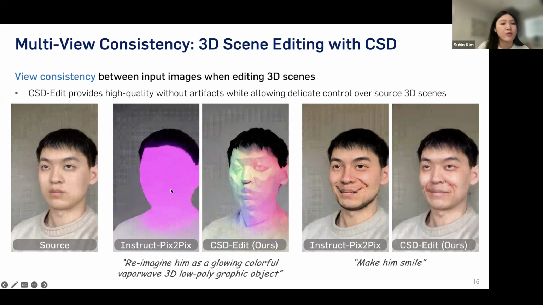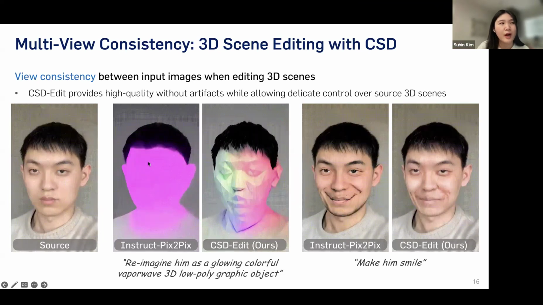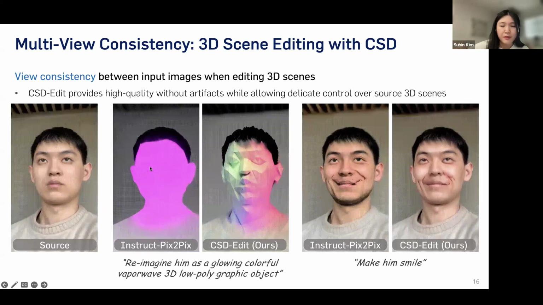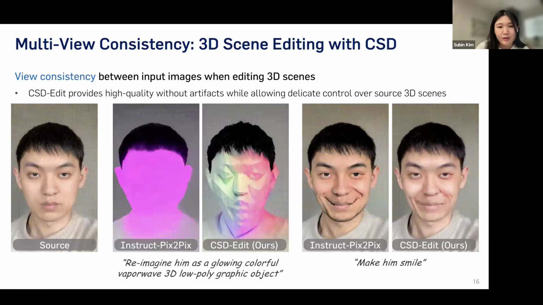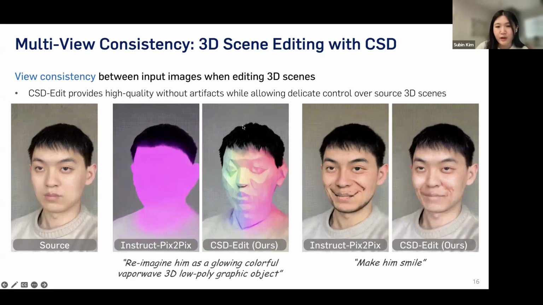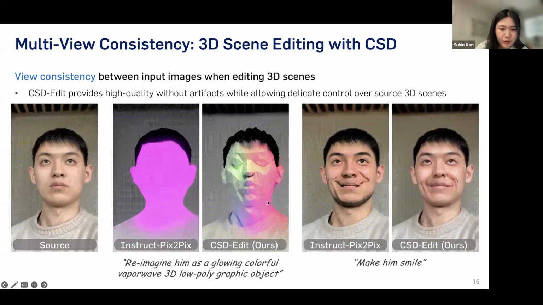To preserve detail, the edited part of each view should be the same. But if the same part becomes different after editing, then it loses the detail. That's why our method shows the clear shape of him as a glowing colorful vapor wave, but the others do not.